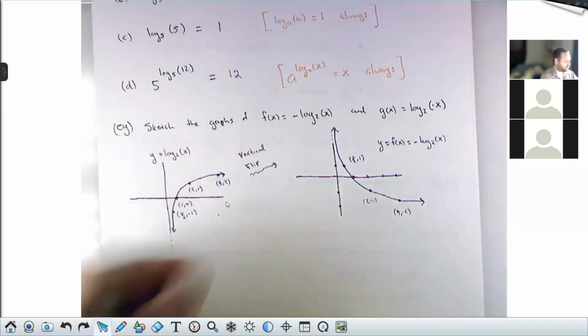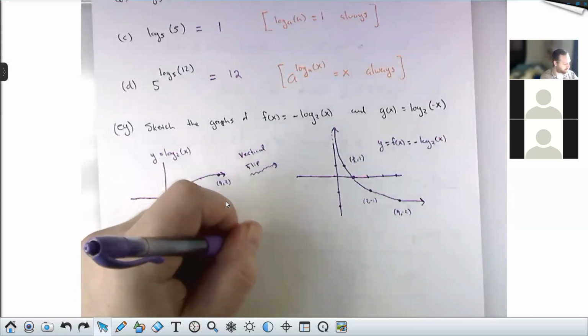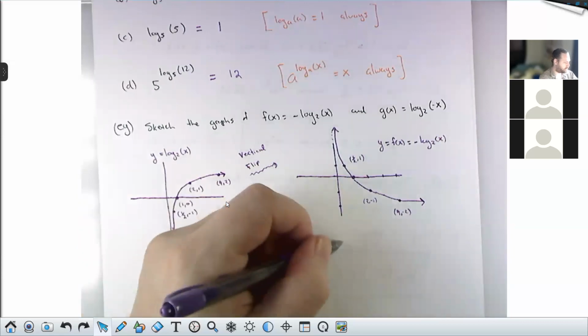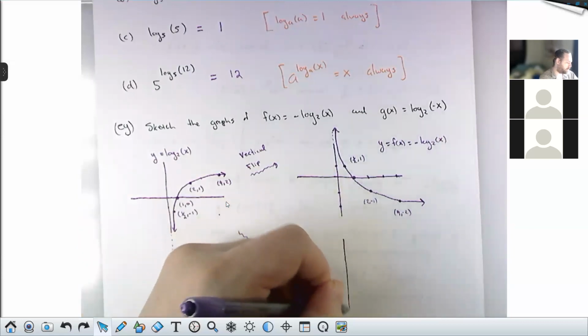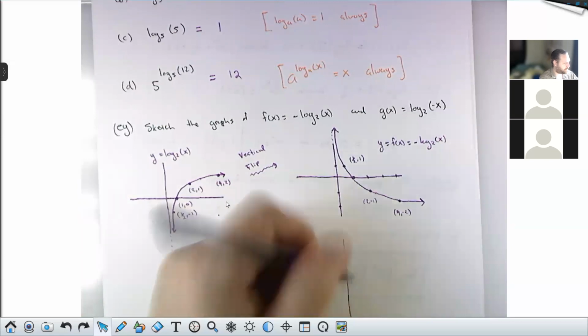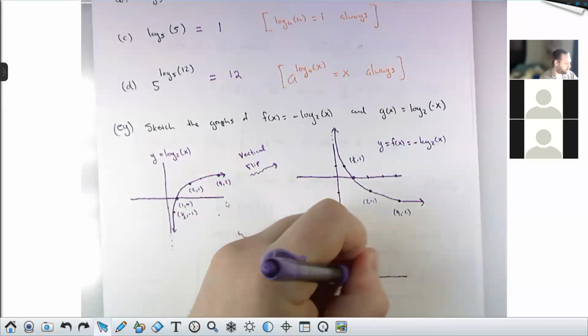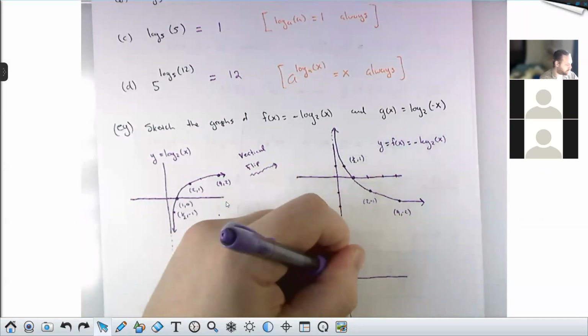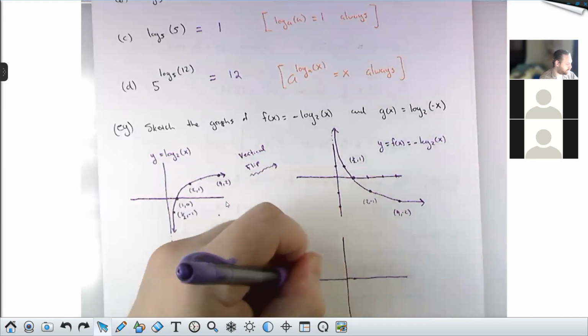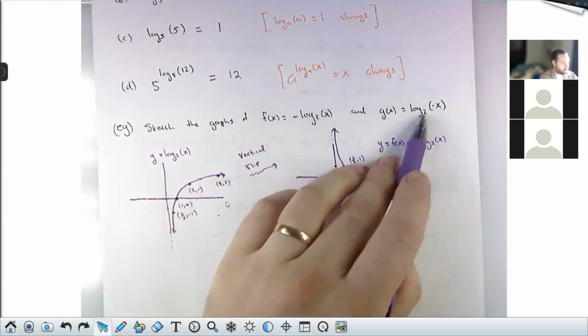What about the graph of g? What's the transformation I need to apply to the graph of the base 2 logarithm of x to get the graph of log base 2 of negative x?